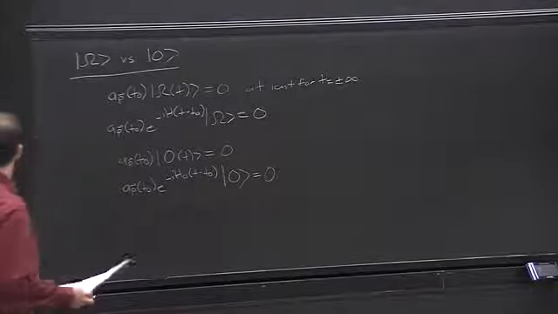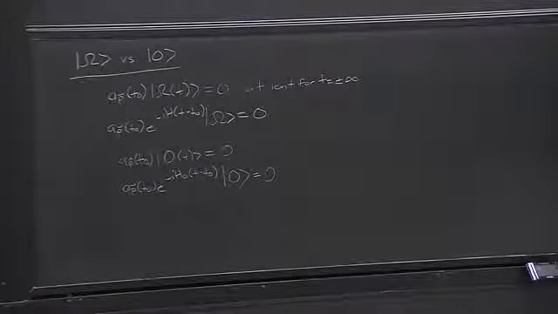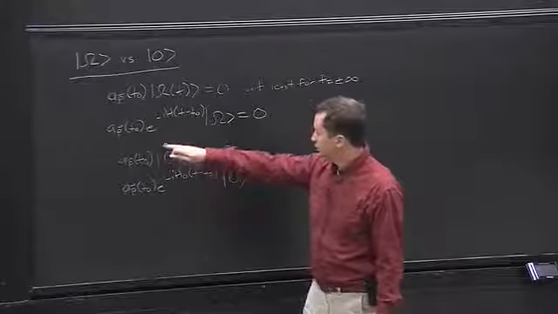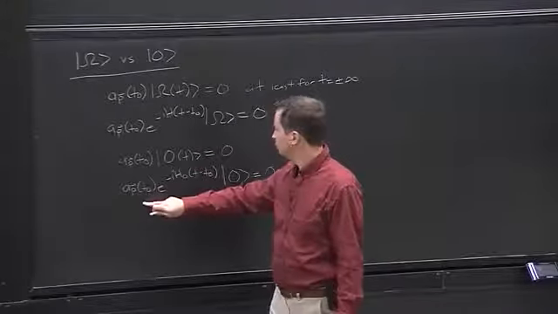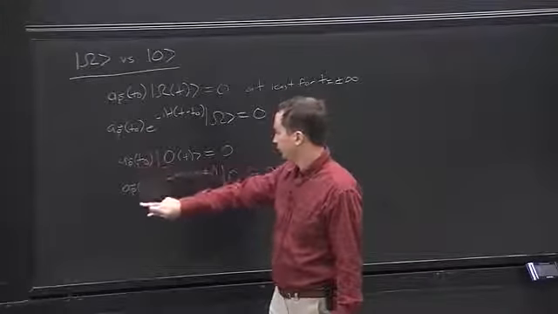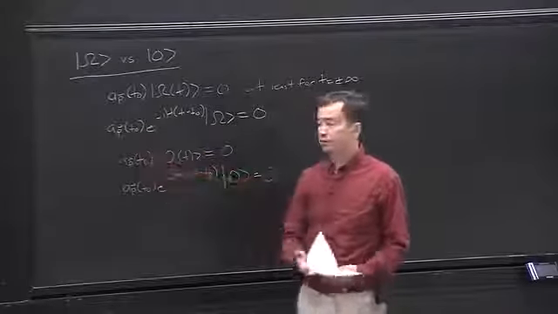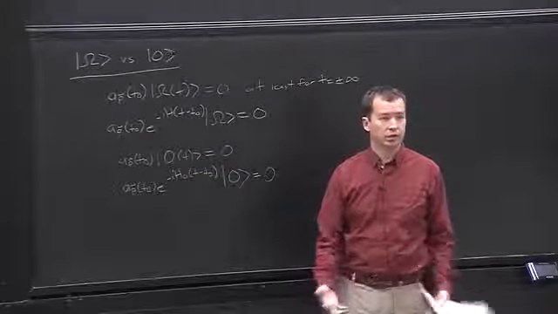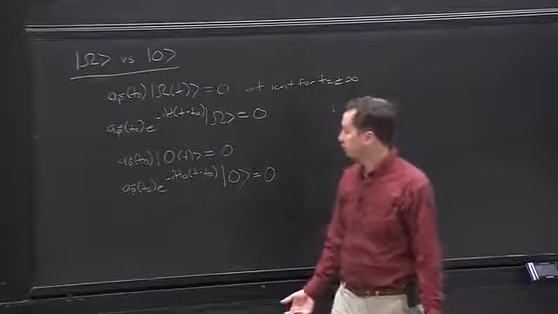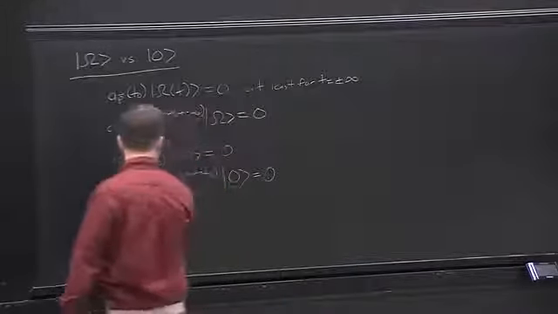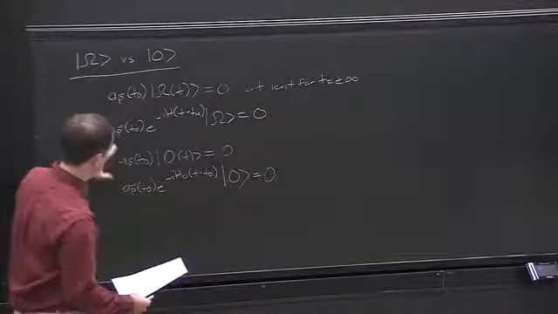And now we can use this property that all three pictures agree at t equals t0. So the annihilation operator at time t0 is the same in the Heisenberg picture, the interaction picture, or the Schrodinger picture. These are the same operators.